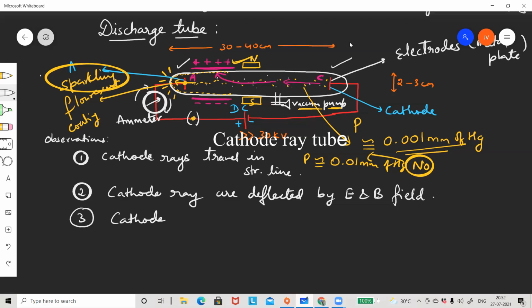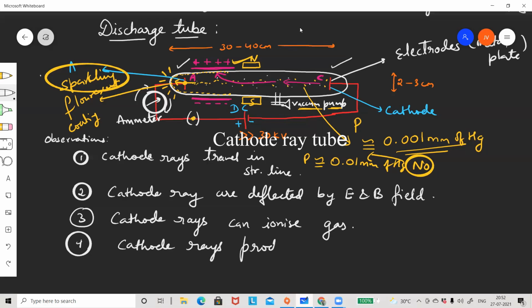And who created the charged particles? The cathode rays had the ability to ionize whatever substance was inside in the form of air or gas. Ions mean they will be positively or negatively charged. So cathode rays can ionize any gas. Cathode rays produce fluorescence.